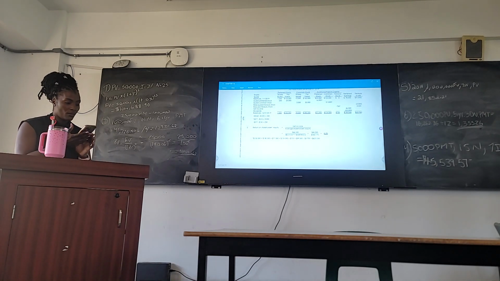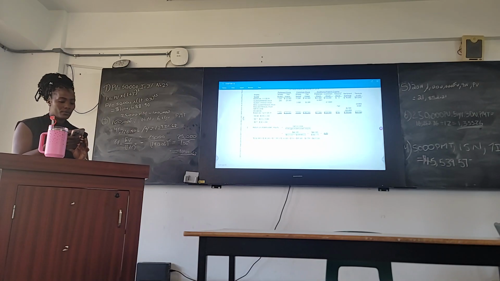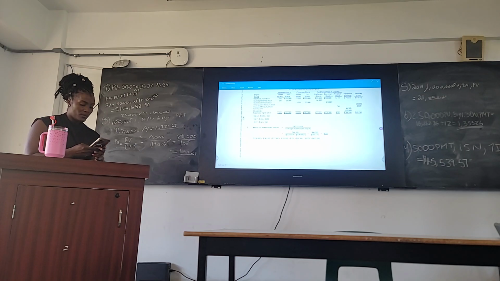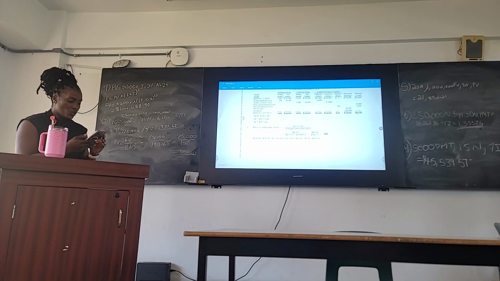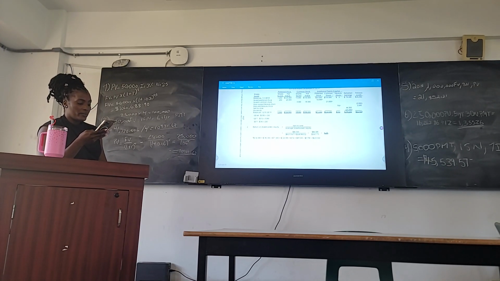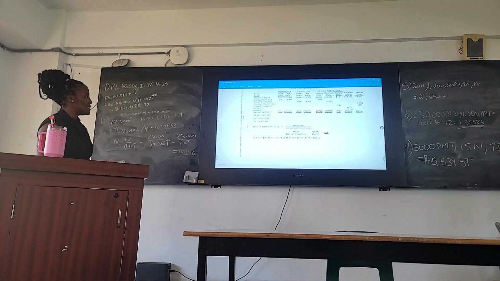Two. Two, it says, compute the return on shareholders' equity for 2019.